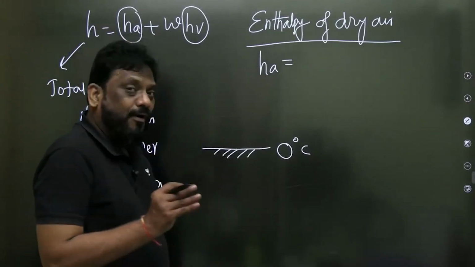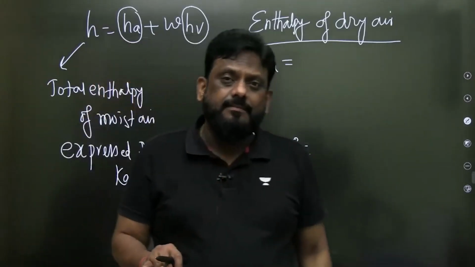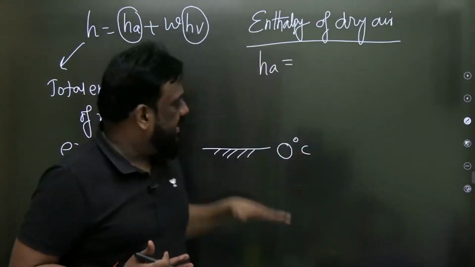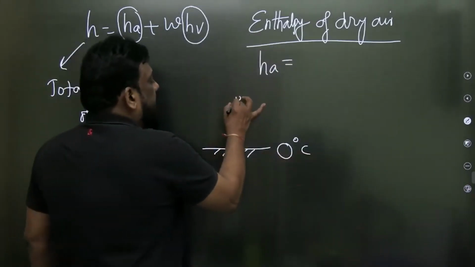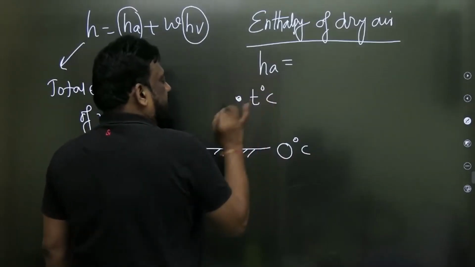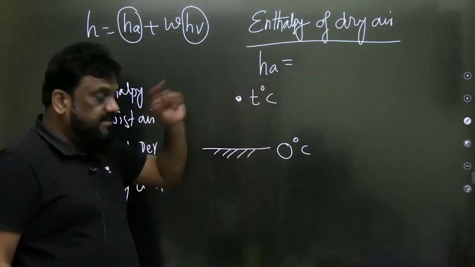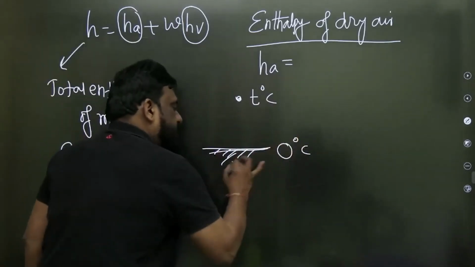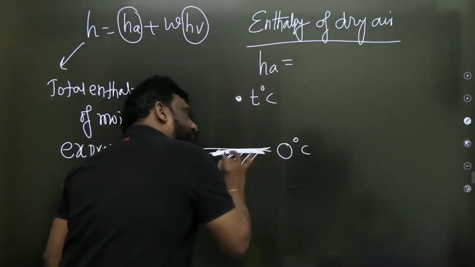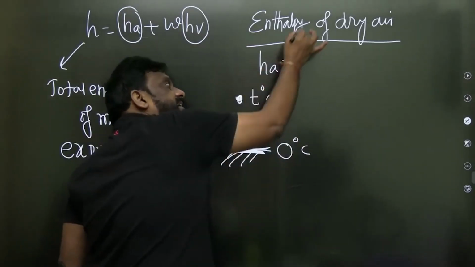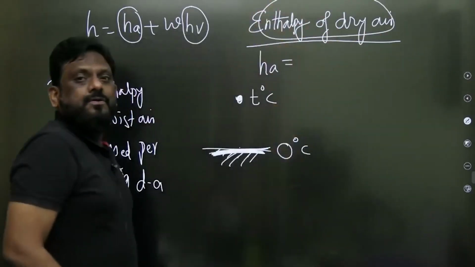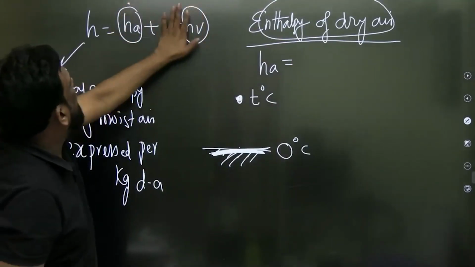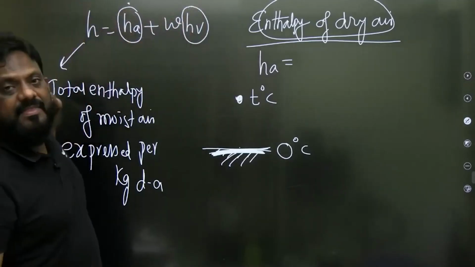Now, what is the temperature of our air? It is the dry bulb temperature. What is the normal temperature of air? It is a dry bulb temperature. It is not 0. It is something here. Let us say our actual air temperature is T. So with this reference, इस reference से मुझे मेरे dry air का enthalpy चाहिए. अरे यार, first dry air का find out करेंगे, then water vapor का find out करेंगे, then we'll put here and you will get the enthalpy of moist air.